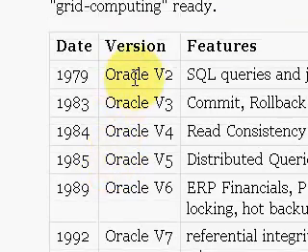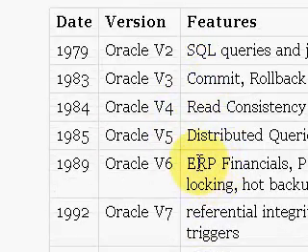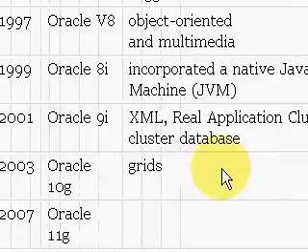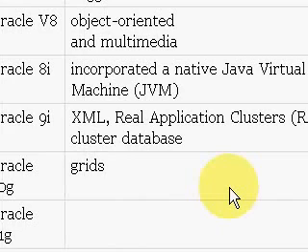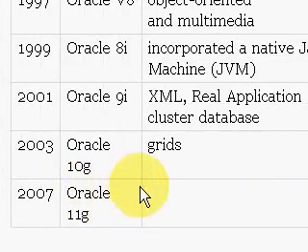There have been many versions since 1979. I won't go through them all, but we can go down to the more current ones. Oracle 8i was in 1999, and incorporated the native Java virtual machine. Then Oracle 9i was in 2001.